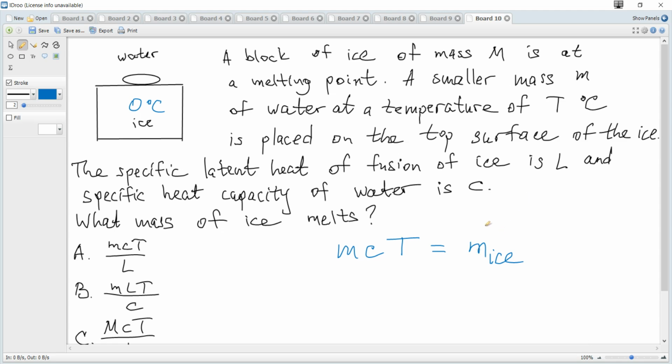And to melt something, energy required is just the mass multiplied by the specific latent heat of fusion, so it's m ice L. And we need this. So it becomes m ice equals mcT over L. So it's A.